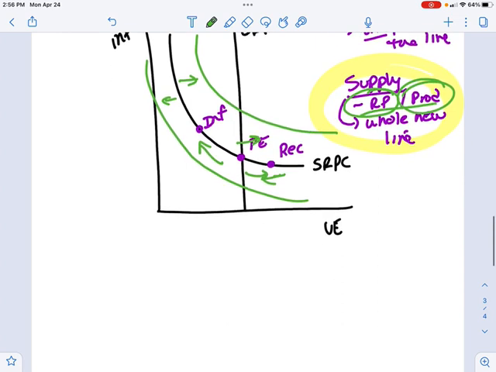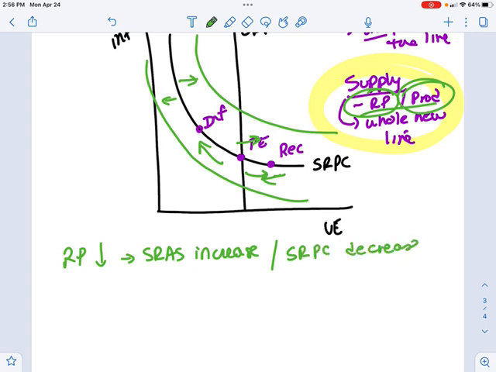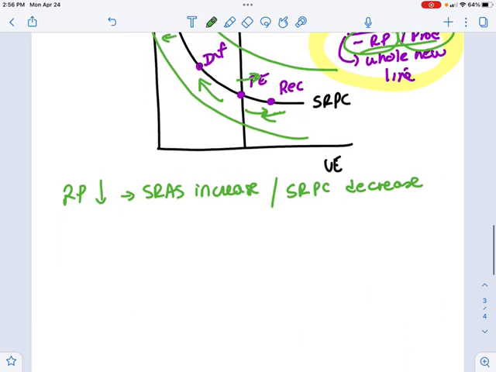So if resource prices are down, then that means that short run aggregate supply is going to increase and shift to the right because they can supply more. So what does that mean? The short run Phillips curve is going to decrease or shift to the left because we show it in the opposite direction. If resource prices are up, inflation is a problem, prices have gone up, short run aggregate supply is going to decrease.